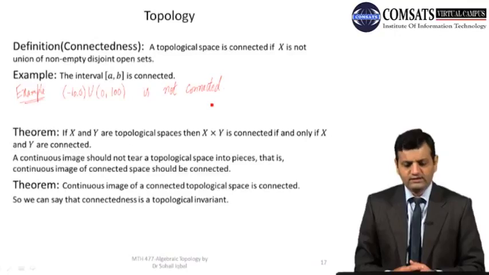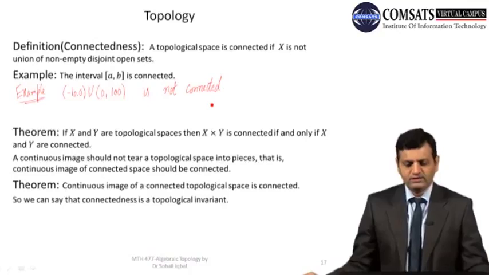So we can say that connectedness is a topological invariant. Once again, it's going to be a very important factor in our next discussions, that the properties which are topological invariants are very important for many reasons.